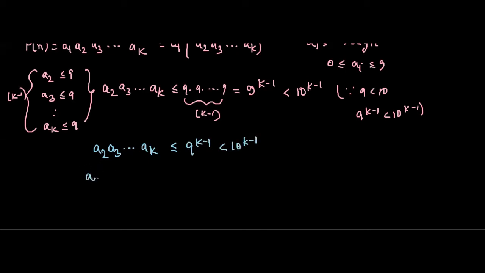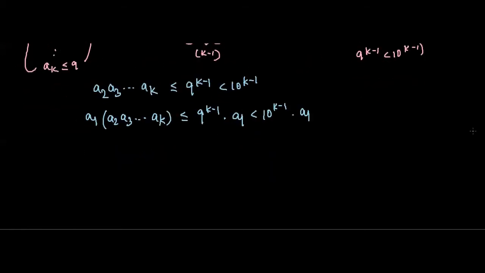If you multiply a1 to both sides of the inequalities, we get a1, a2, a3 up to ak is less than 9 to the power k minus 1 times a1, which is less than 10 to the power k minus 1 times a1. Now, this is actually the product of digits of n.